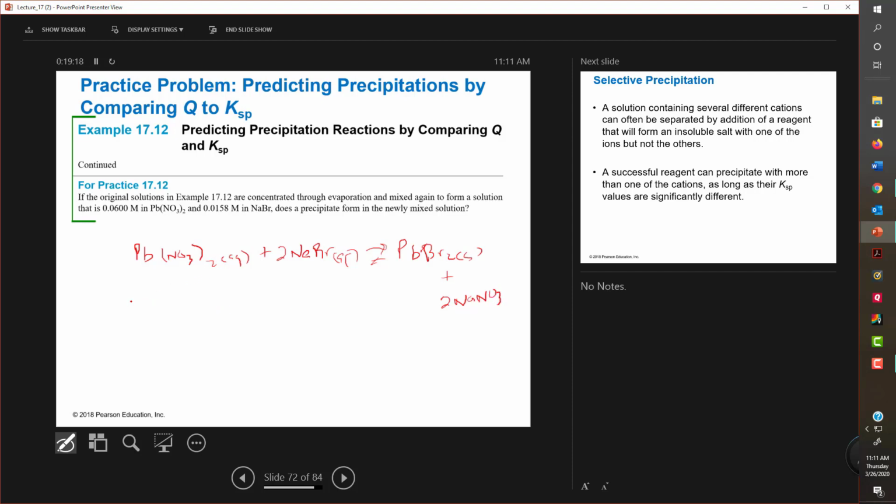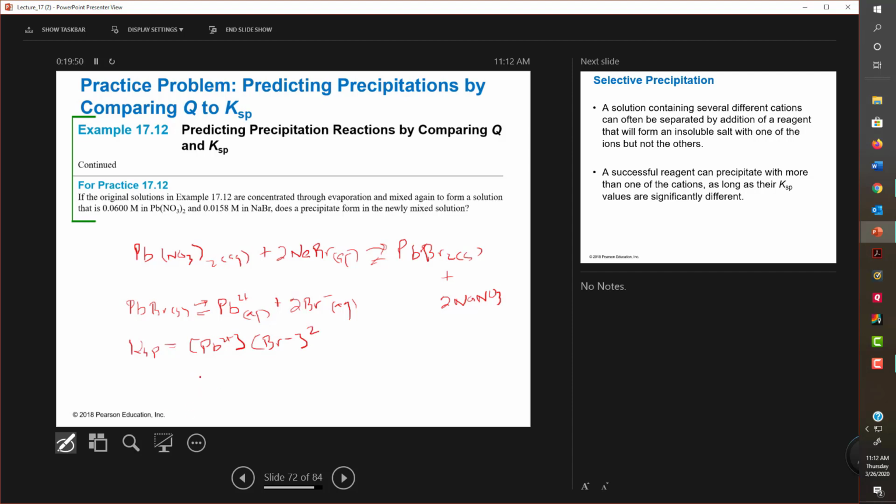Second equation is the solubility equation. Lead 2 bromide solid yields lead 2 positive ions aqueous and 2 bromide ions aqueous. And so the KSP for this, the solubility product, is equal to the lead 2 positive concentration times the bromide ion concentration raised to the second power.